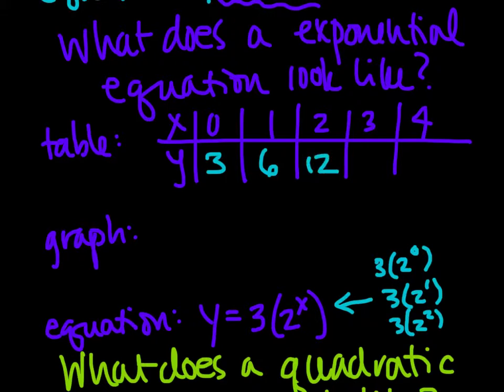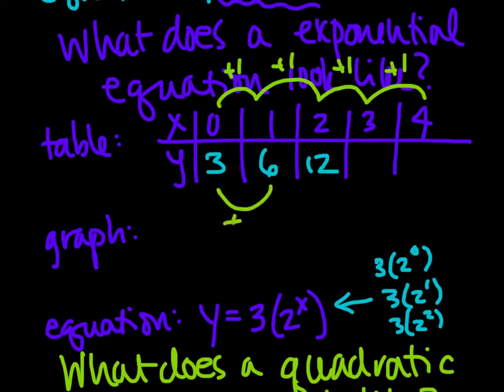So as we see this same change in our x values, that plus 1 difference, our change in our y values is not an addition thing. We see a plus 3 or a plus 6. That's not an addition thing. It's actually, if we looked at it, I'm multiplying this times 2.